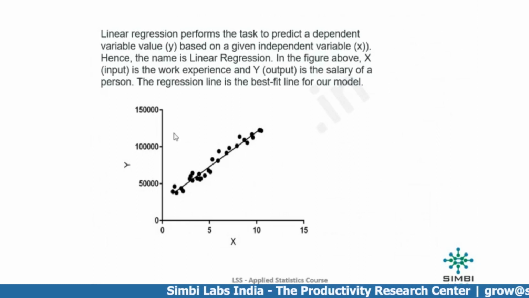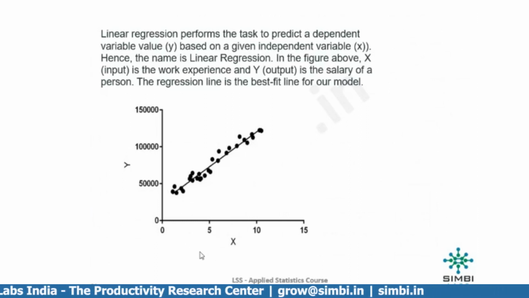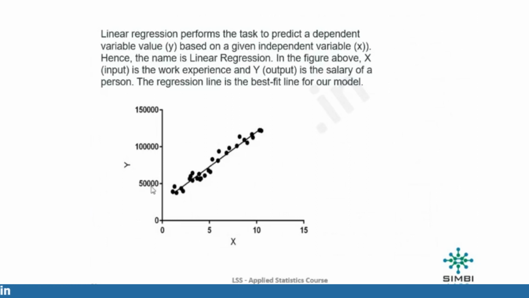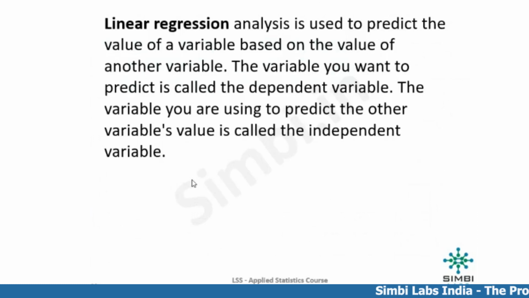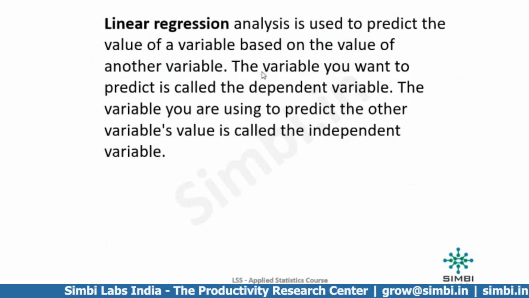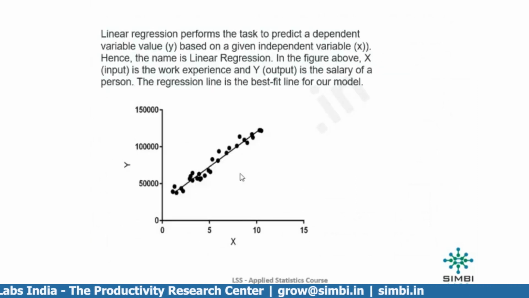Looking at this graph, x is the independent variable and y is the dependent variable, and the work experience and salary of a person are the two variables in linear regression. Based on his work experience, we can estimate his salary. So that is linear regression.